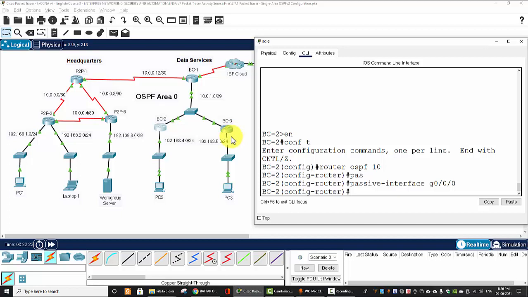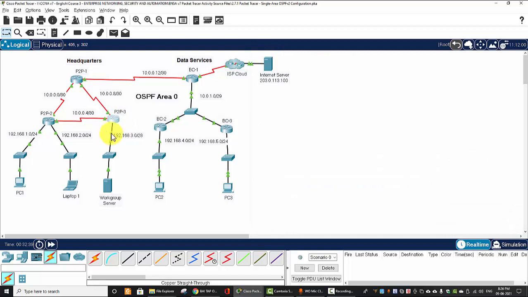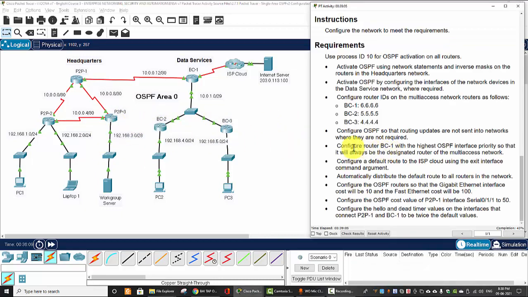We do similar steps on BC3, and on the headquarters network we will set the LAN interface on P2P2 as a passive interface, and on P2P3 we will set this gigabit interface as a passive interface. So that is your job to do.